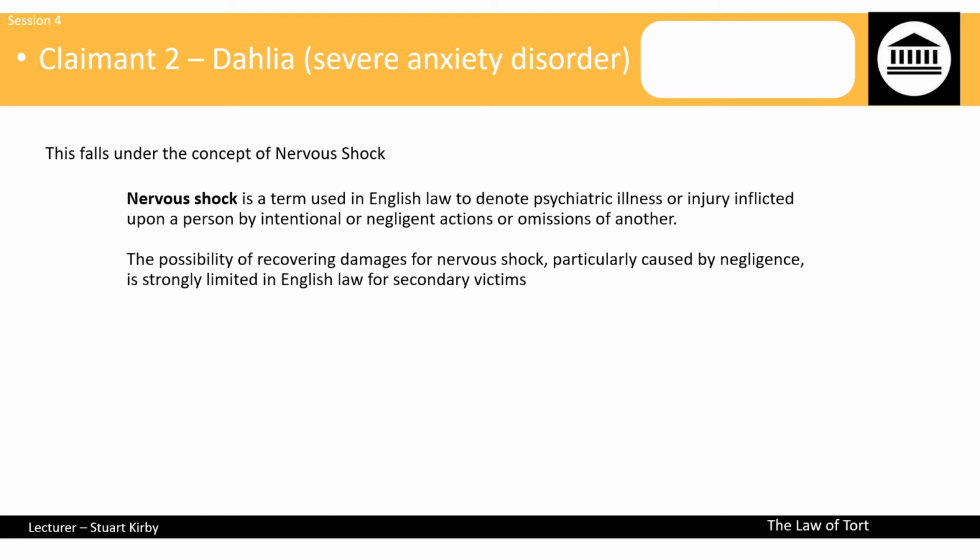Is she a primary or is she a secondary victim? I think it's quite obvious, even before we get into this, that she was a primary victim. So claiming for nervous shock for her is actually a much simpler task in the eyes of English law. But for secondary victims, and we'll explore who they are in a moment, as it says here, it can be more difficult.